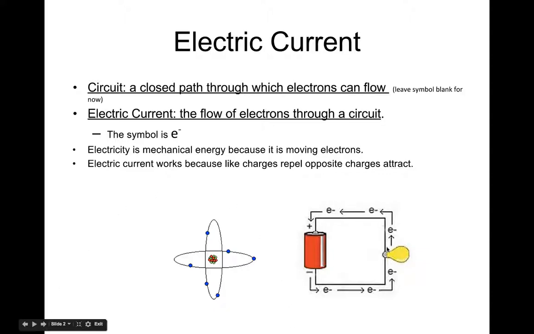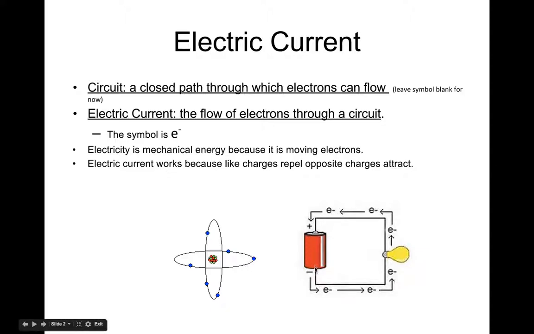If you look down here, you'll see the diagram of electrons going this way from the light bulb. And this little symbol of E with a negative sign after it stands for electrons. They're flowing into the positive end of the battery, because remember, negatives are attracted to positives.